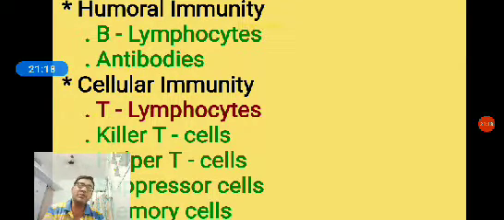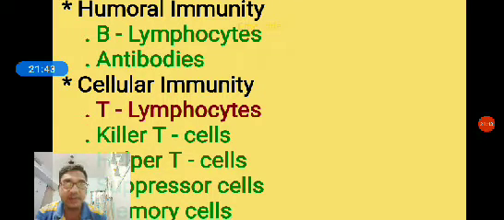The remaining 50% do not reach the thymus. They are differentiated in the bone marrow itself. These lymphocytes we call B lymphocytes. In addition to B and T lymphocytes, there is another type of lymphocyte, the natural killer cells.